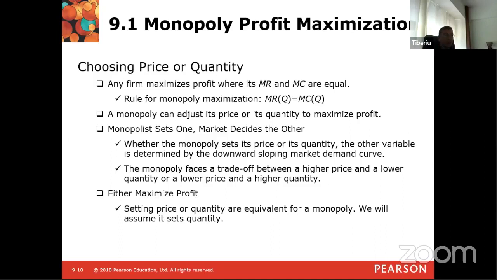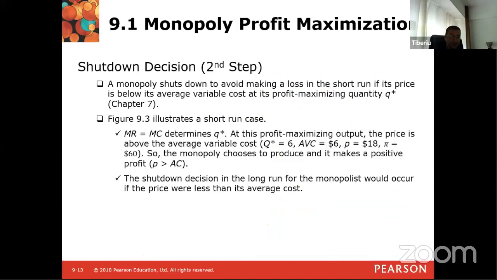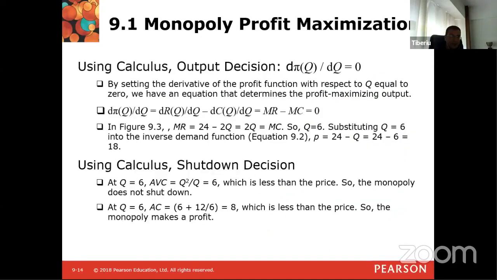Whether the monopoly sets its price or its quantity, the other variable is determined by the downward sloping market demand curve.